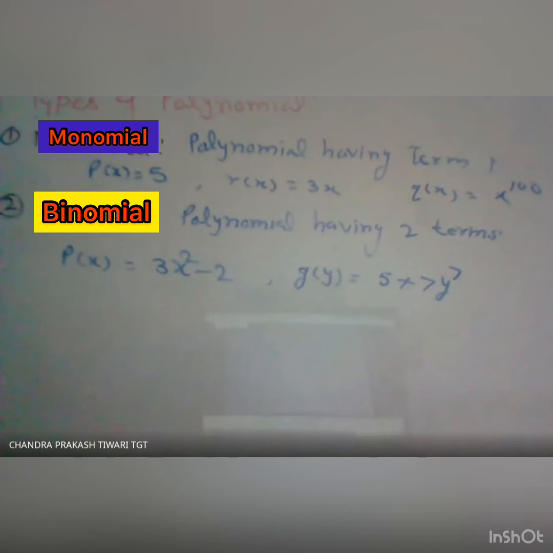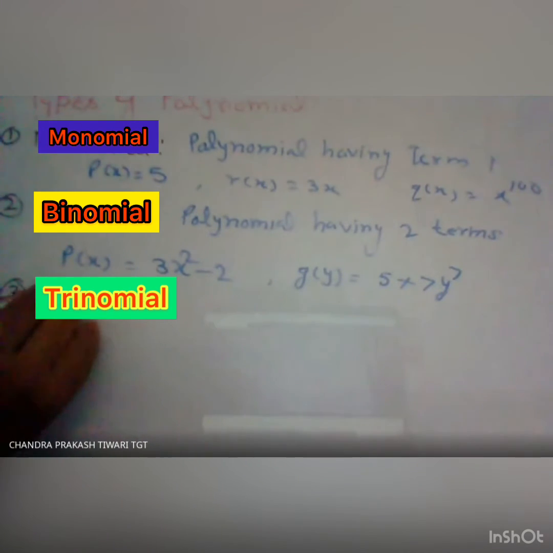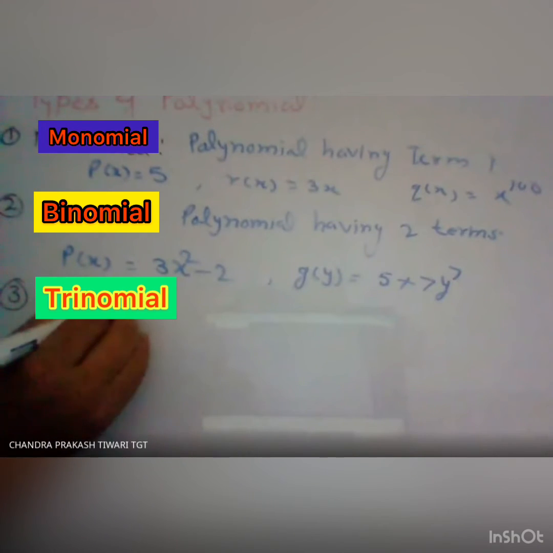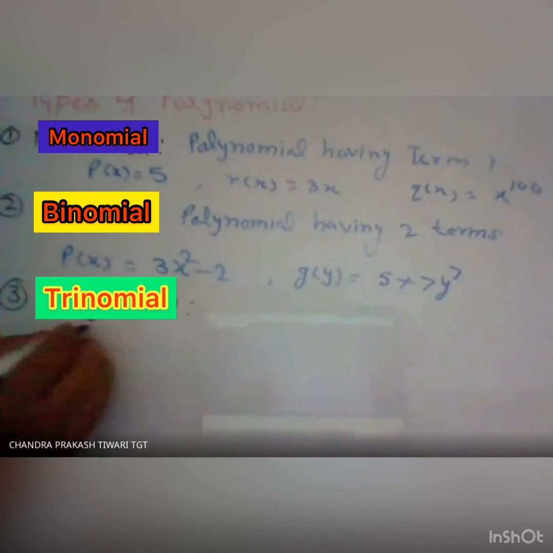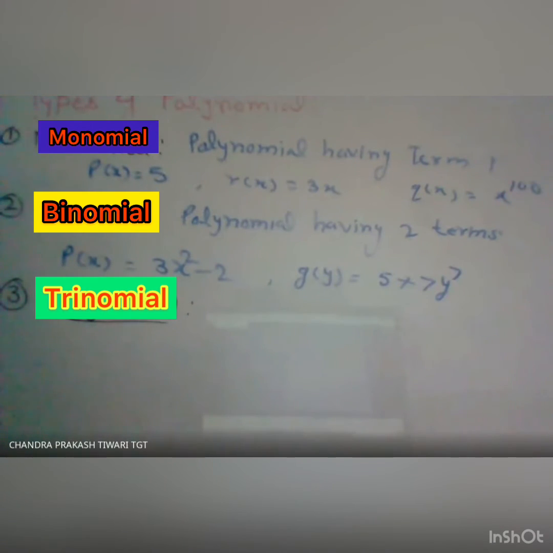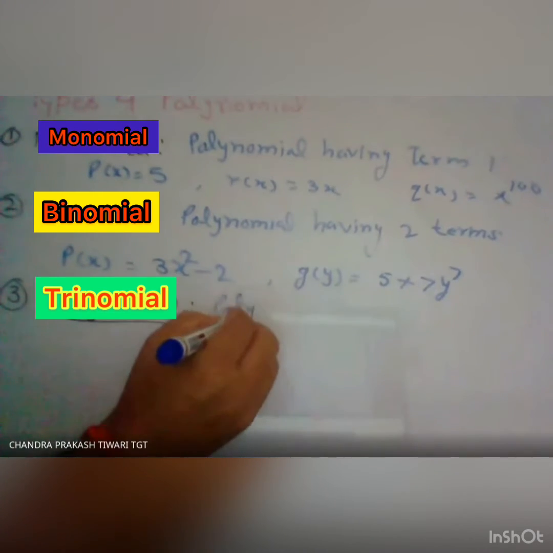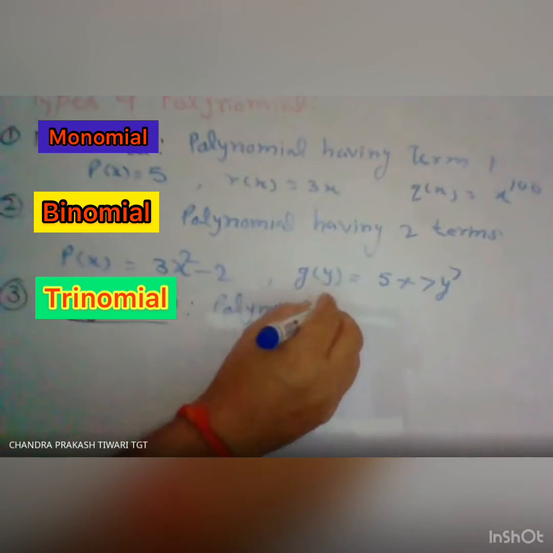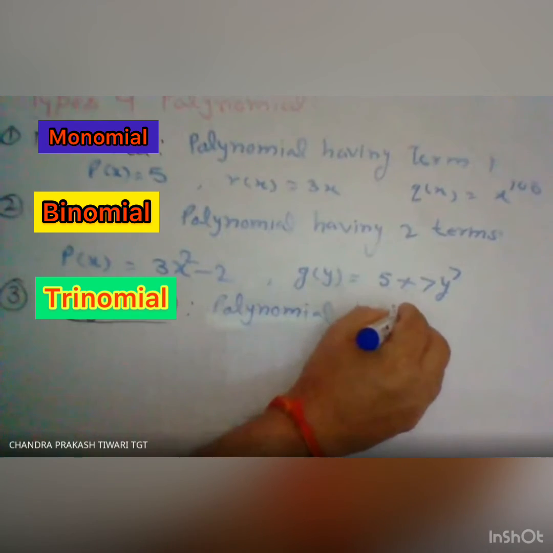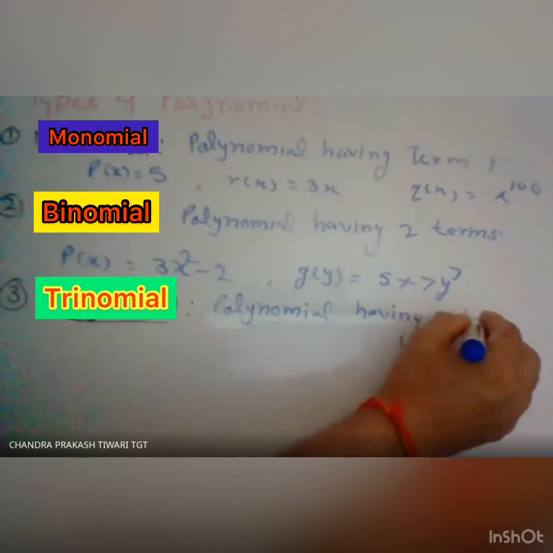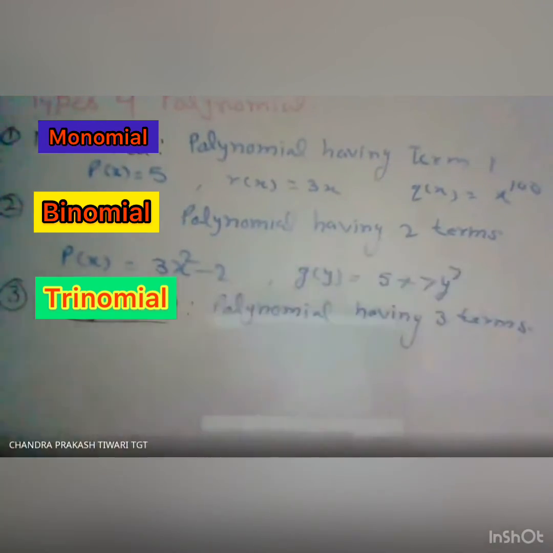And after that, moving on to the next one, this is trinomial. A polynomial having three terms is known as a trinomial.